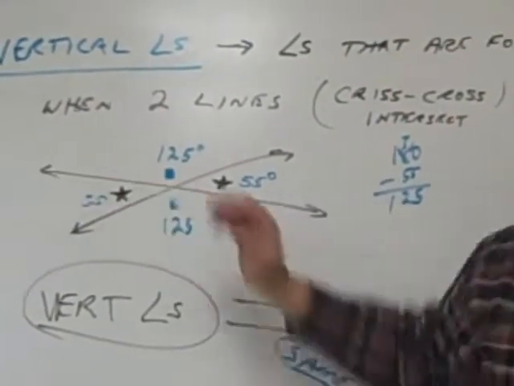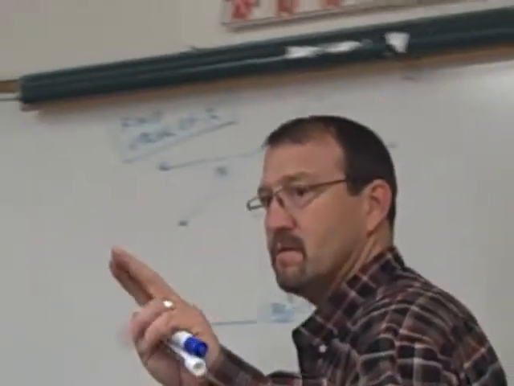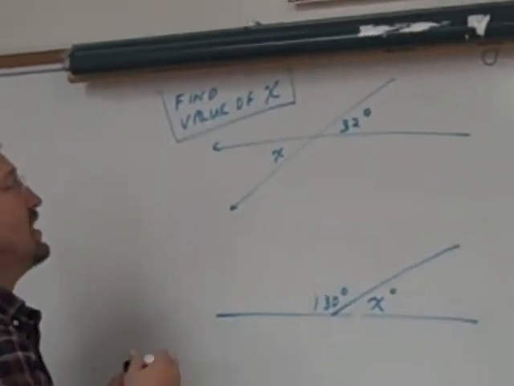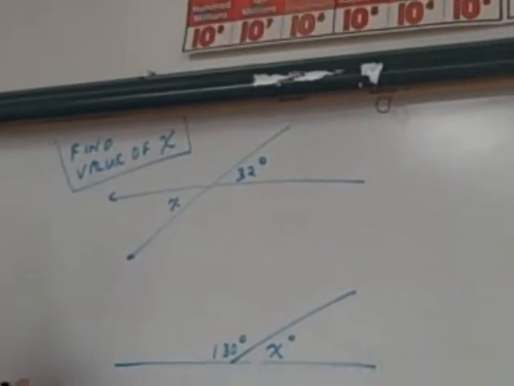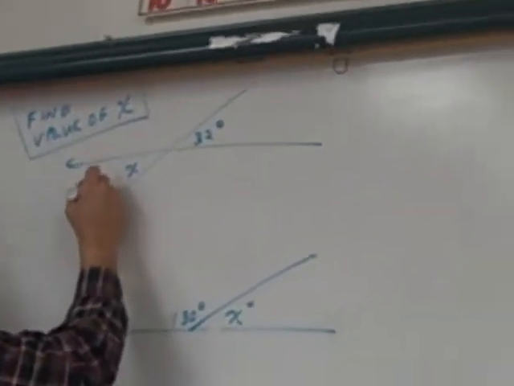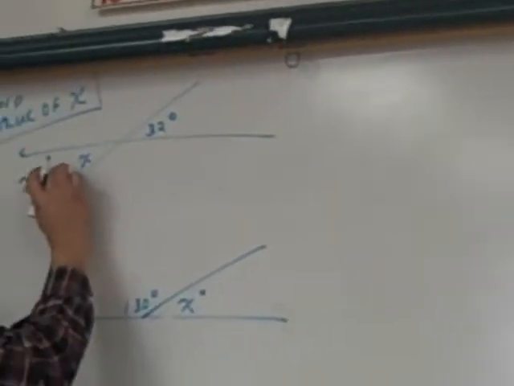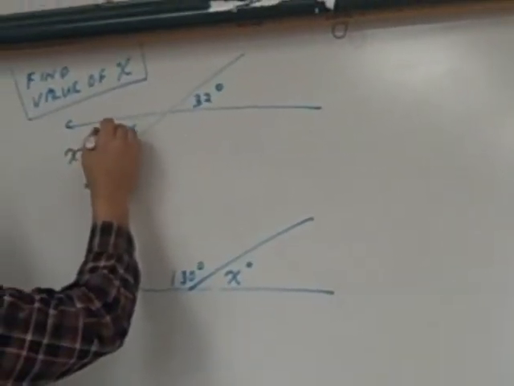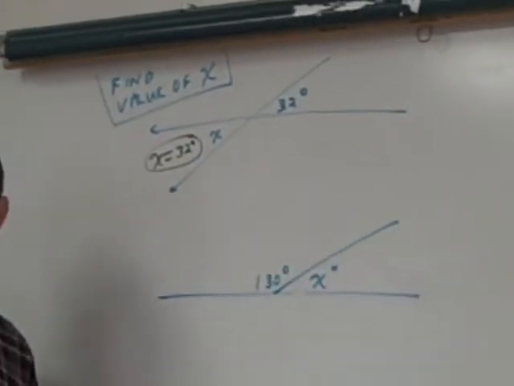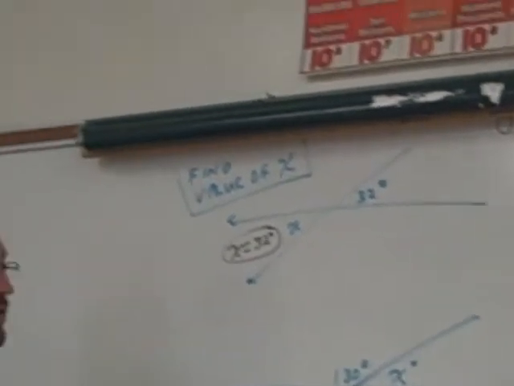Okay. Look over here. Real quick. What's X? 32. How do you know? Same. Because of what rule? Because if they intersect, opposite each other, vertical angles equal. Alright?